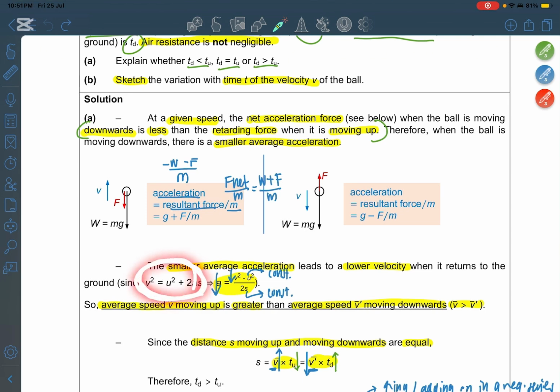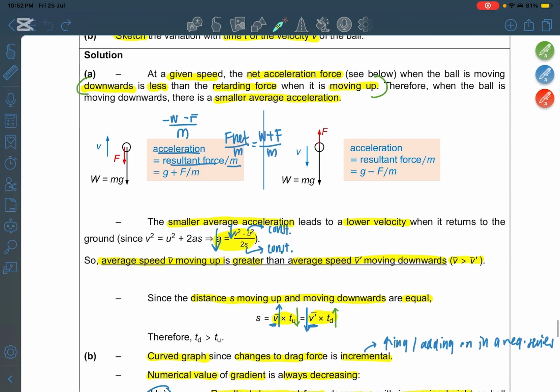And you isolate a, you get this equation. So if a is smaller, and assuming s, displacement, is constant, initial velocity is also constant, you see that velocity at the end will decrease. That means lower velocity. So the average speed moving up is going to be greater than the average speed moving downwards.